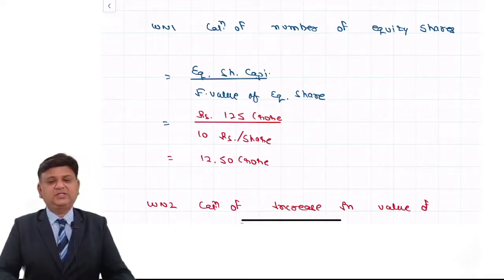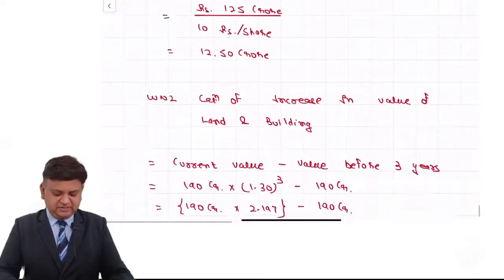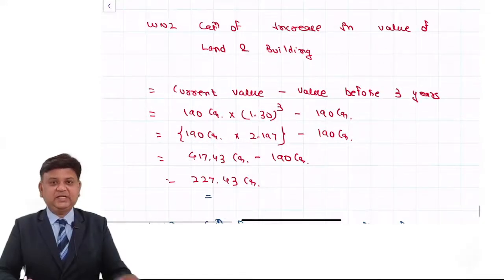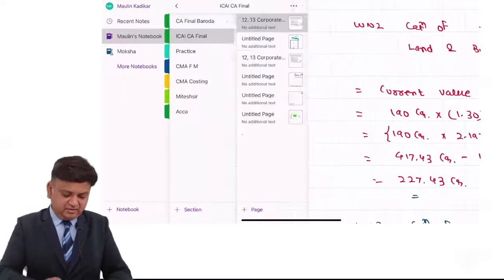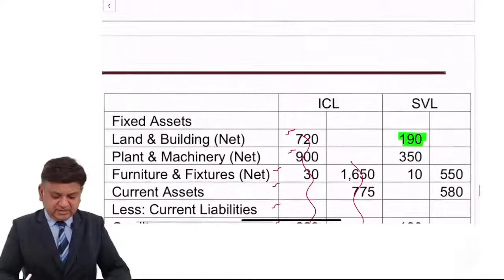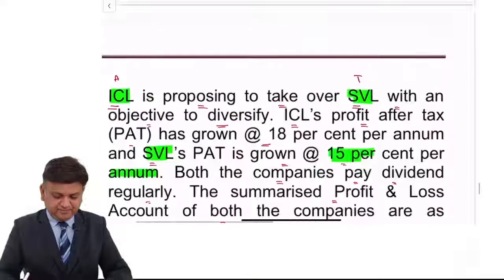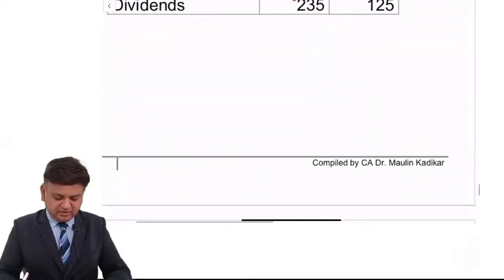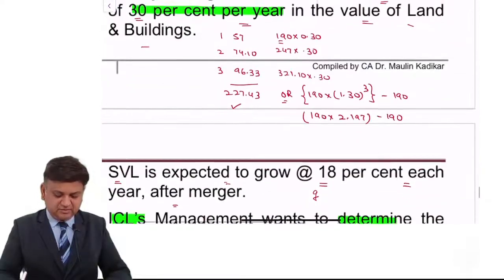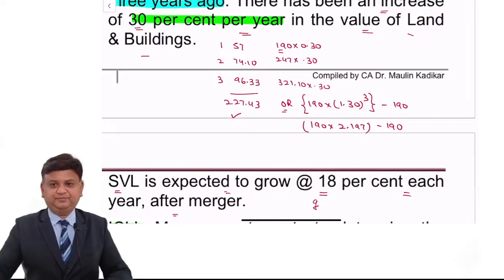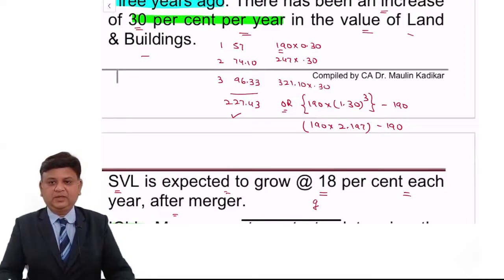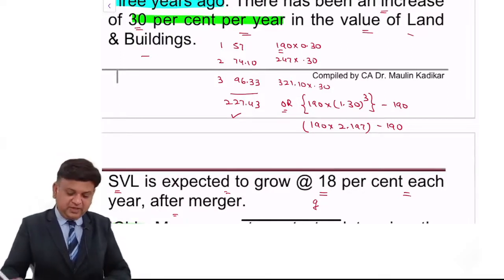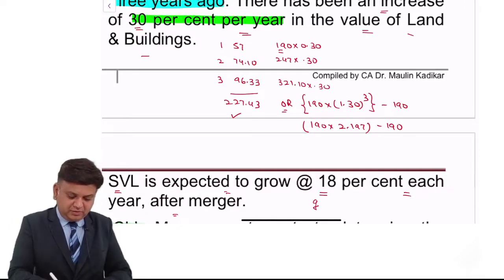The first is the simple working note for the number of shares. Second is the increase in the value of the land and building. I have dictated the answer to you with a shortcut method. However, you can go with the long method for making the calculation, in which you compute the individual appreciation for the first year, second year and third year.